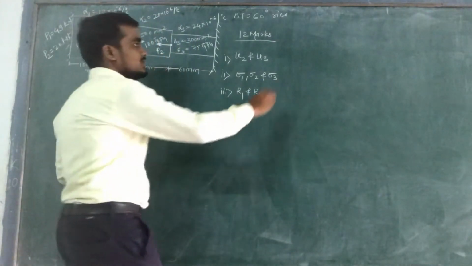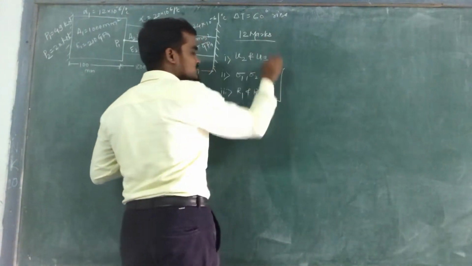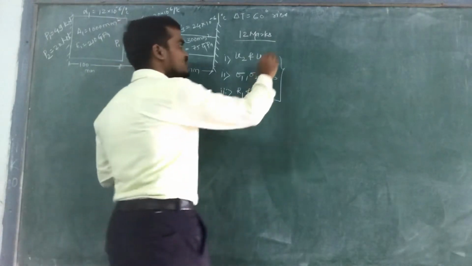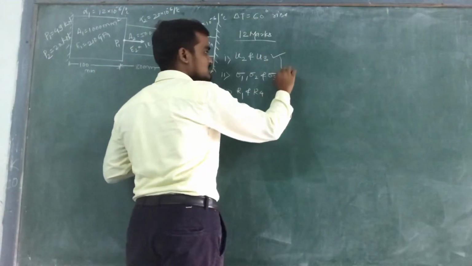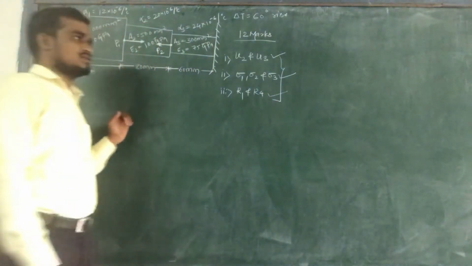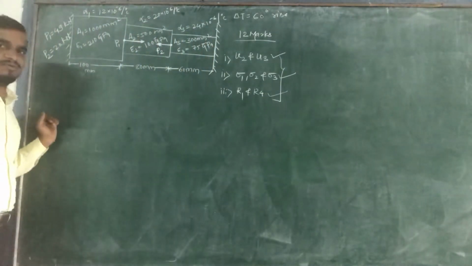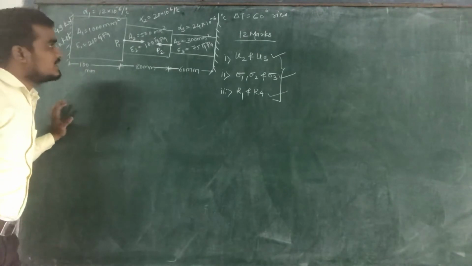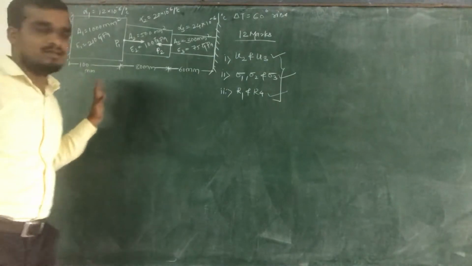This is asked for 12 marks in your end semester examination. The first part is asked for 4 marks, the second for 4 marks, and the third for 4 marks. In this way the 12 marks are distributed. So now we will try to solve this example.